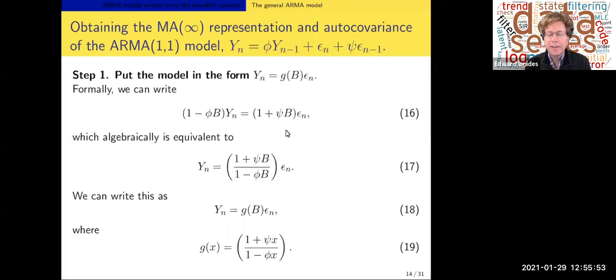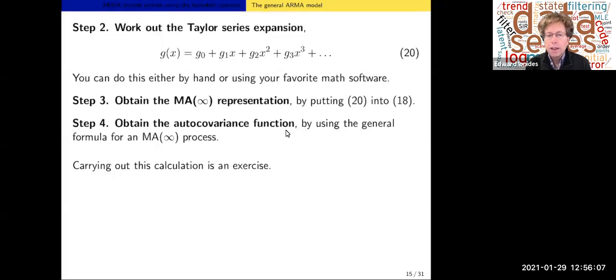If we find the Taylor series expansion of g of x as essentially an infinite polynomial, then we can interpret that as a function in the lag operator. Now, I'm not going to work through the details by hand right now. This is something that one can either do by hand or using your favorite math software, and how familiar you are with Taylor series expansions decides whether this is easy or difficult.